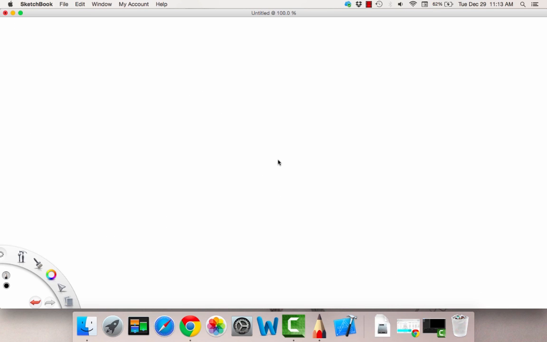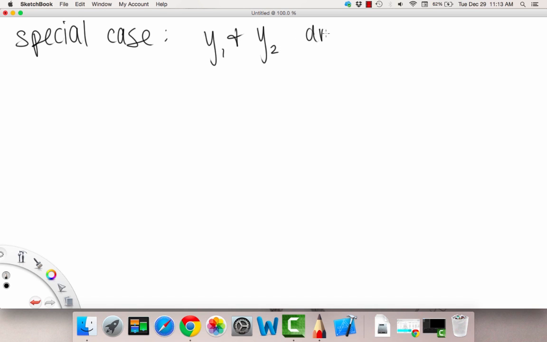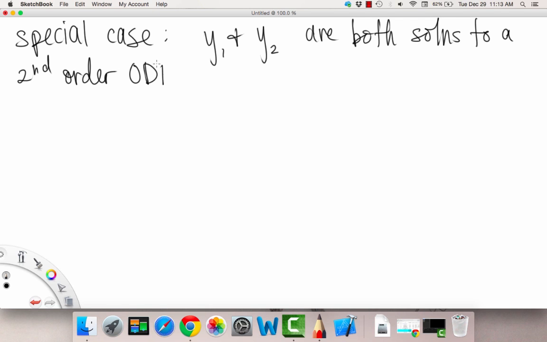Alright, so let's go back to the special case. Let's say y sub 1 and y sub 2 are both solutions to a second order ODE, and they are linearly independent.